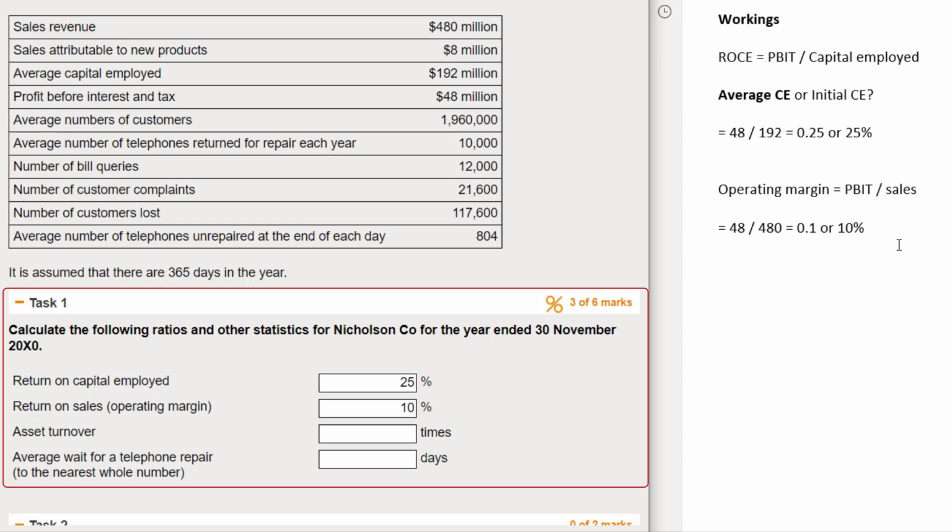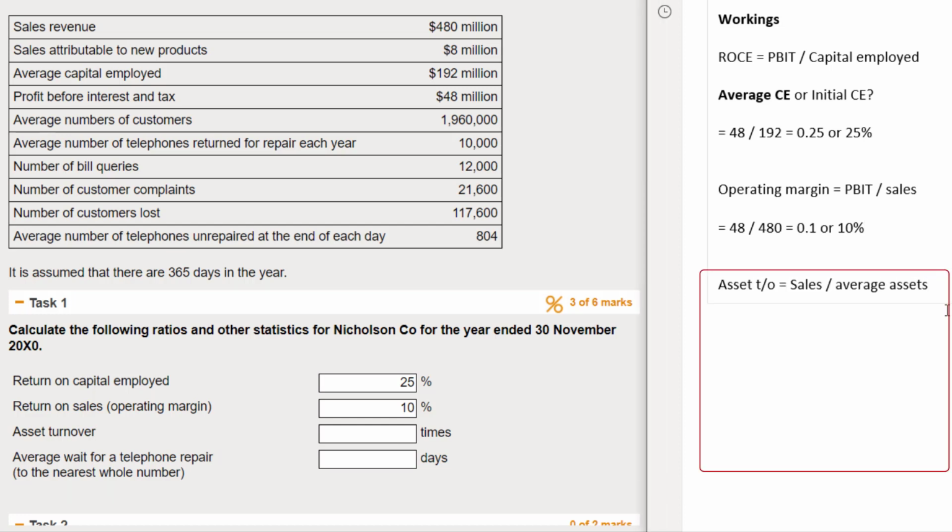Do you remember the formula for that one? So my formula for asset turnover is my sales level of 480 million, I'm given that in the question, divided by this average assets. Now, where in here are my average assets? They're not here. They're not in there. So this relies on my understanding of a balance sheet.